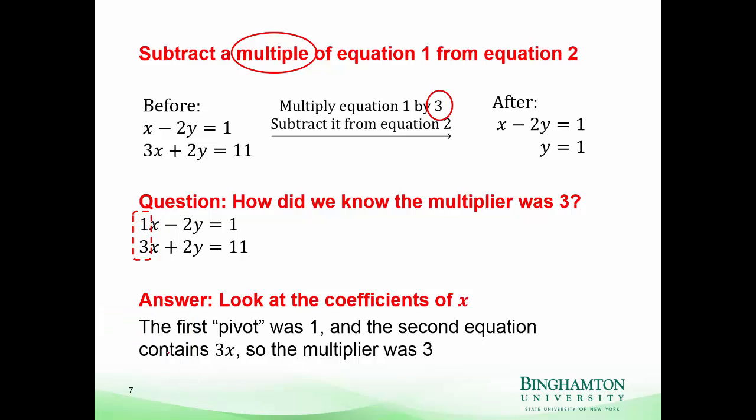So we're looking at the first equation, and we look for the coefficient in front of the variable that we're trying to cancel. In this case, it's x. And then we look at the coefficient in the second equation for that same variable, and in this case it's 3. And it's pretty clear that after multiplication we need to make those things equal to each other, so it's pretty clear that we multiply the first equation by 3.